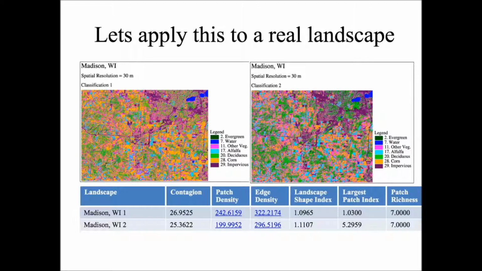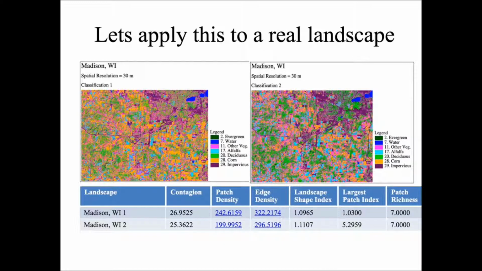This shows an example applying some FragStats analysis, some landscape metric calculation, to a real landscape. The real landscape happens to be Madison, Wisconsin. These could represent two different time periods of the Madison landscape, or the same time taken with two different sensors.